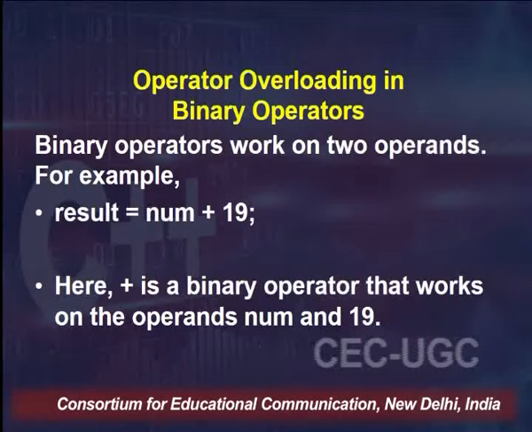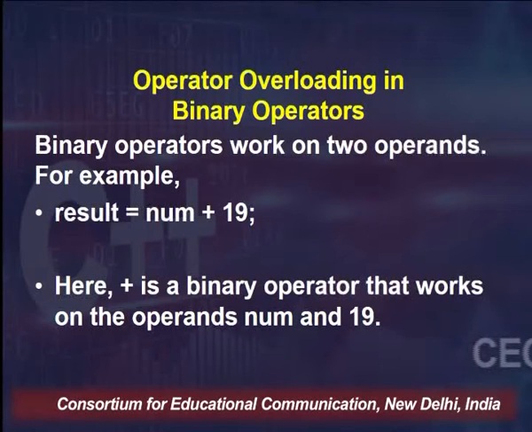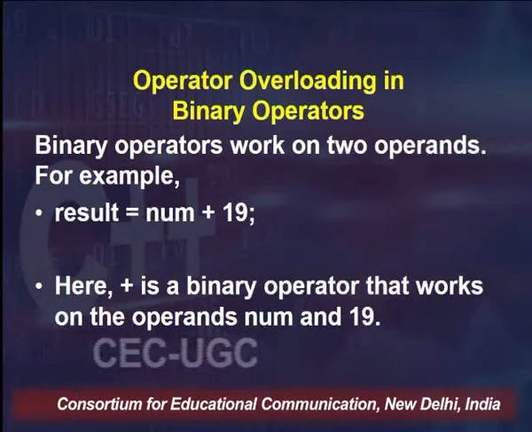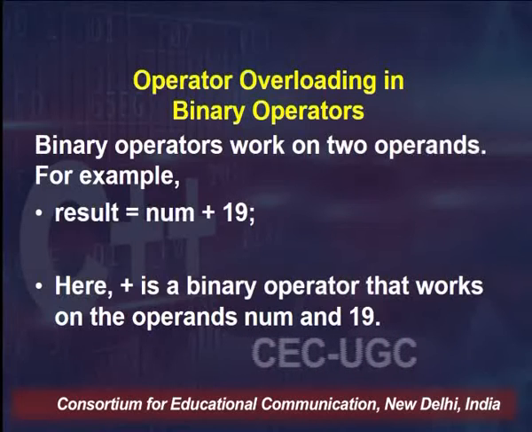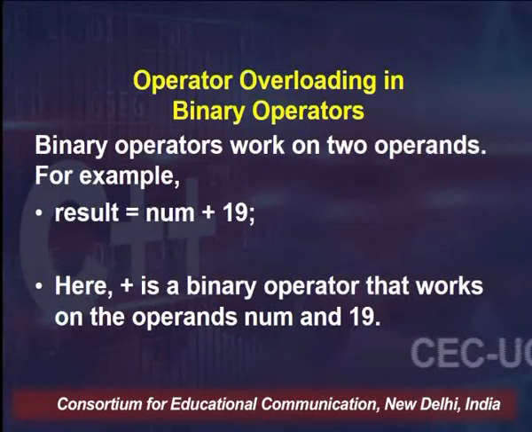Today's focus will be operator overloading for binary operators. The moment I say binary operator, that means, as you are all aware, it will work on two operands. For example, I say result is equal to num plus 19.